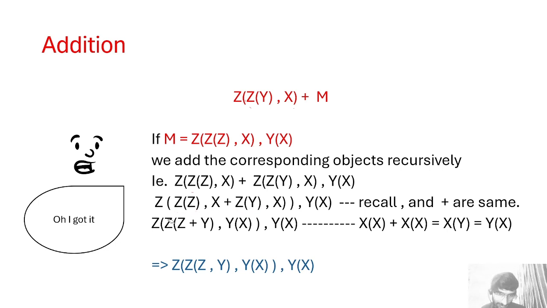So the final quantity of z symbol will be the quantity inside it, which is z and y, and this will give you the final quantity here. Y will remain as it is throughout because there was no corresponding y quantity in the first term. So the final answer is this here. Again, the plus here is replaced by comma here. So I think Frank got it. He says he got it.